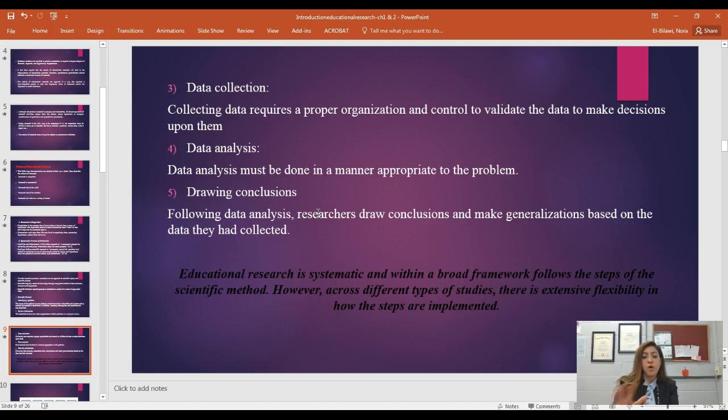So we're going to do all 5 steps or 4 steps, if you may, but then at the end we're not going to write results. You're just going to write a conclusion about what you think will happen or might happen, or what do you think your research value lies in. Where does your research value lie?